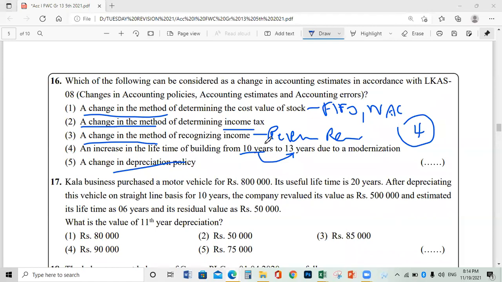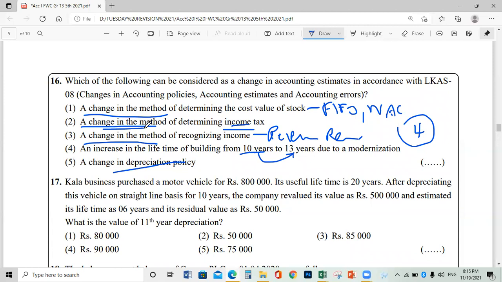Why not the third one, guys? If they had said here income tax estimate, then the answer would be the second one, but they are telling you the method you use to calculate income tax has changed. They never said the estimated income tax has changed. Do you understand? Both are different. They had calculated income tax differently before, and now they are changing the method.